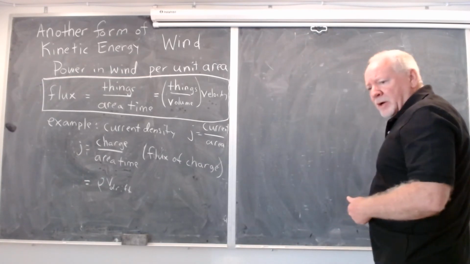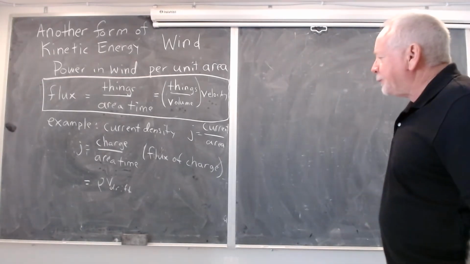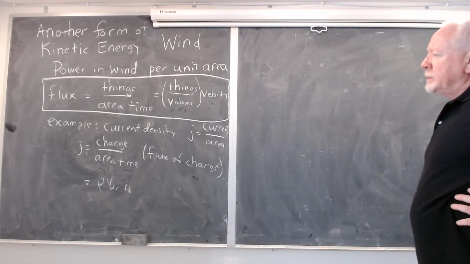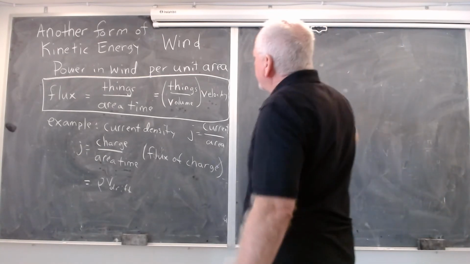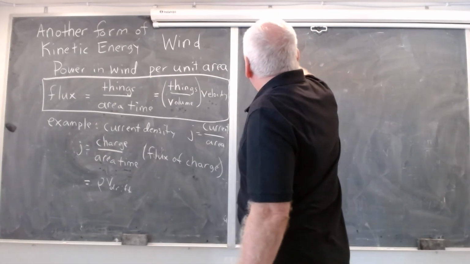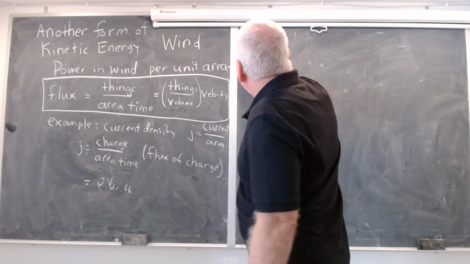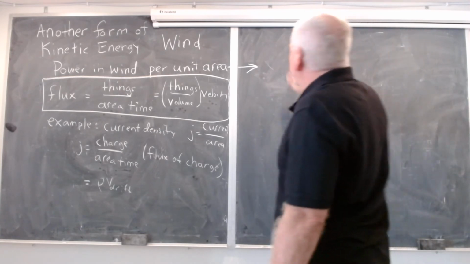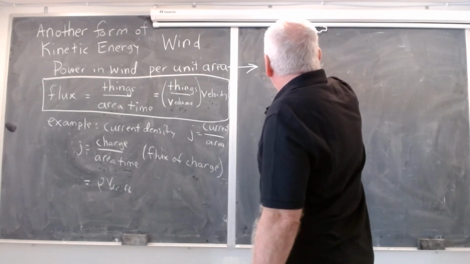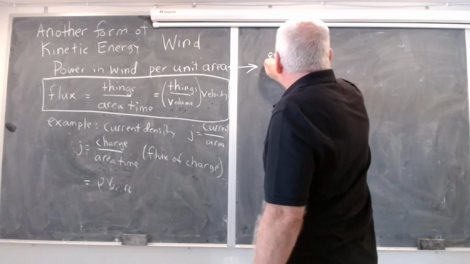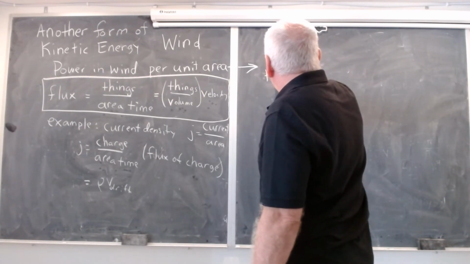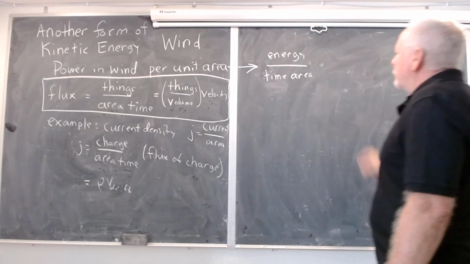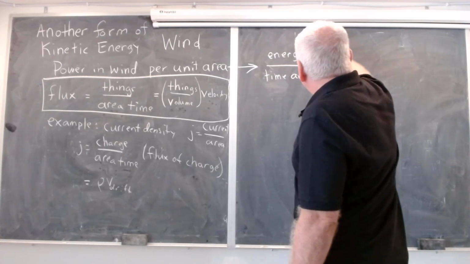Now, in the case of the power in wind, what is the thing? Let's think about that a little bit. Because what we want is the power per unit area in wind, and so I'm going to put a little arrow there. So that is the energy per unit time per unit area.